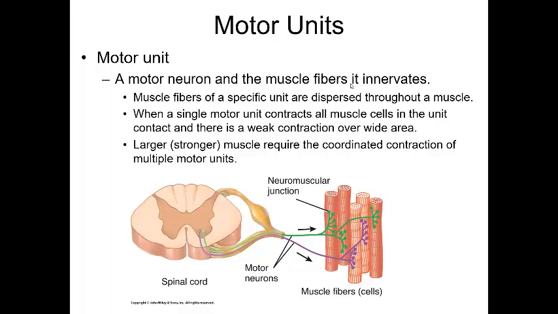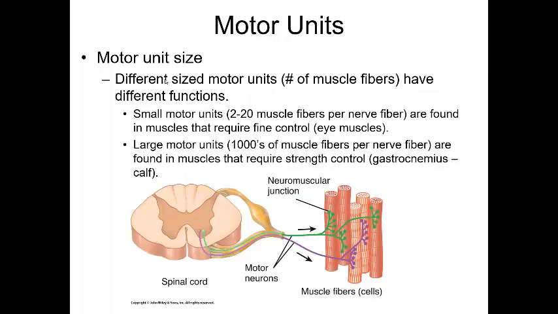So this is the spinal cord. From here, this green neuron is going right here, and right here. It's forming a junction. The neuron is forming a junction with the muscle fiber, hence the term neuromuscular junction. And it is a motor neuron because it is going to a muscle fiber.